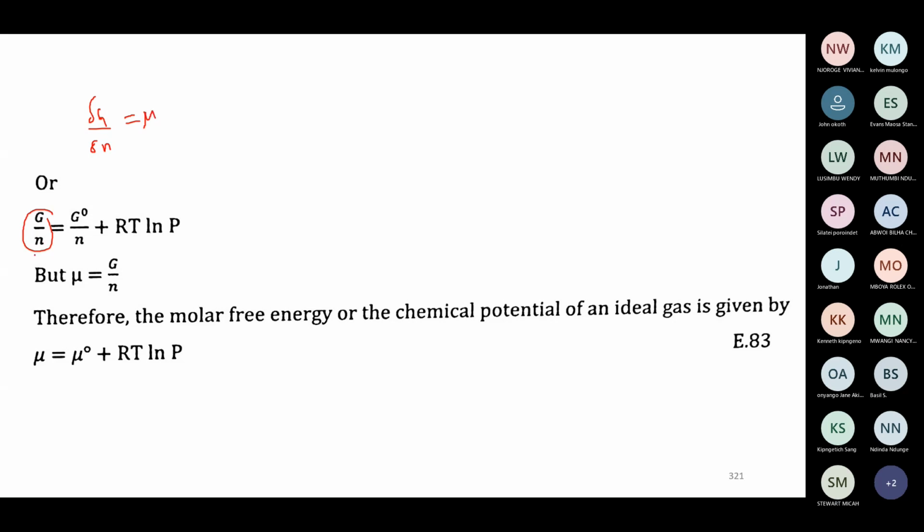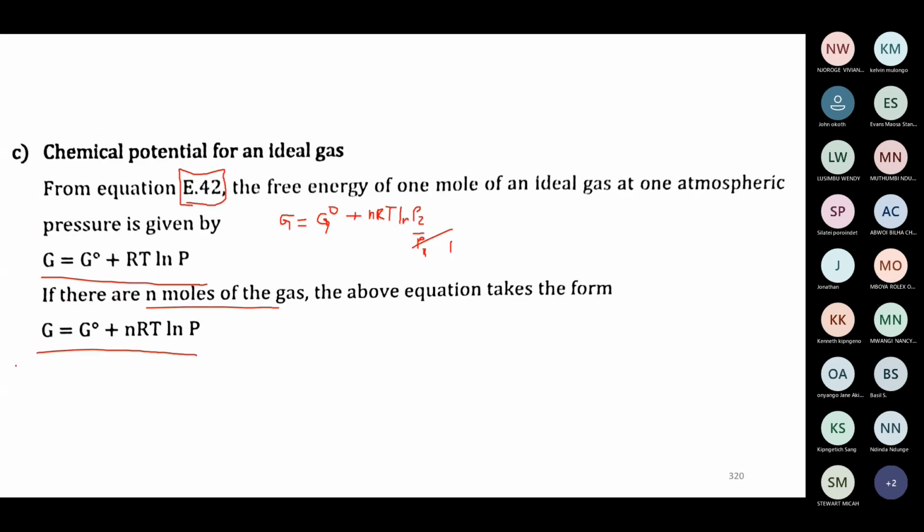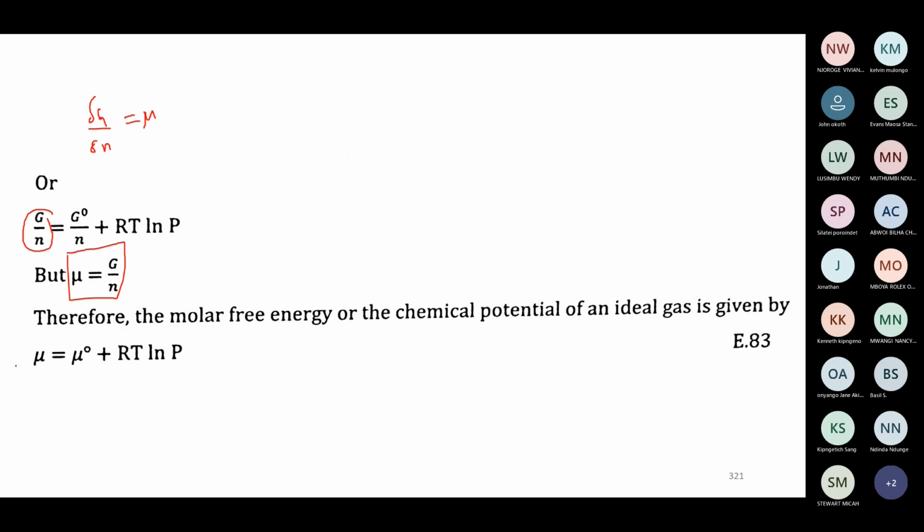So of course you can see where this is coming in. This is mu equals G over n. So from this expression, we can say mu equals mu naught plus RT ln P. This applies for an ideal gas.